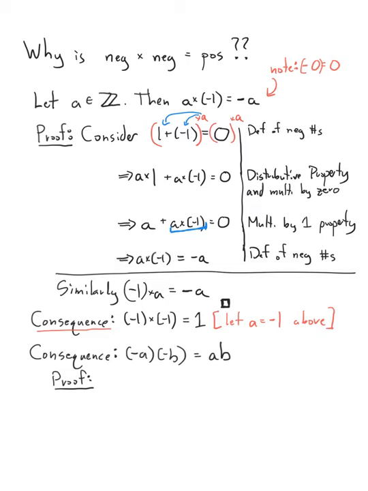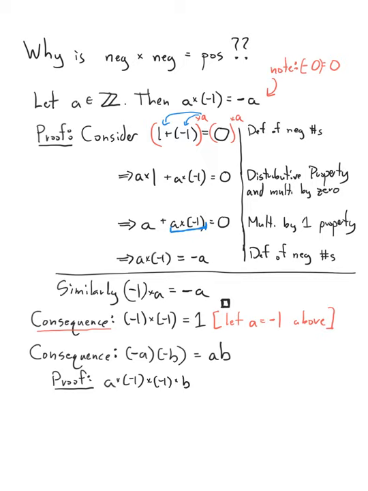Well, negative a I can write as a times -1, just from above, right? That's what we showed. A times -1 equals negative a. Well, we could show it in the other direction as well, so maybe I'll write negative b as -1 times b. Okay?